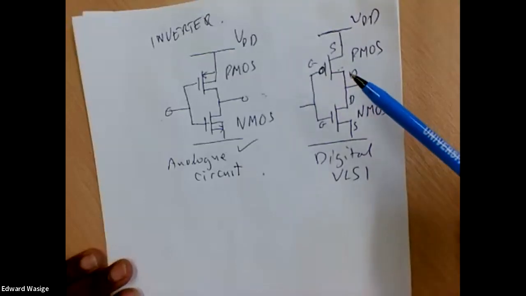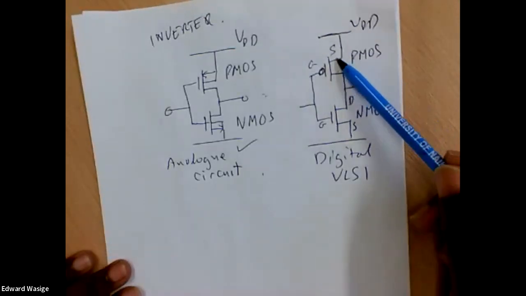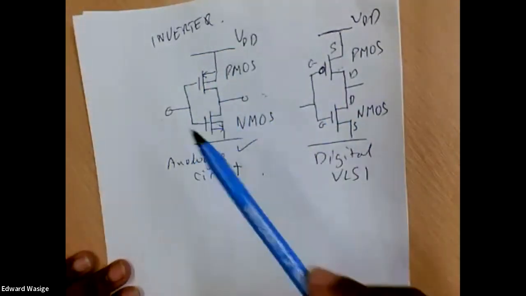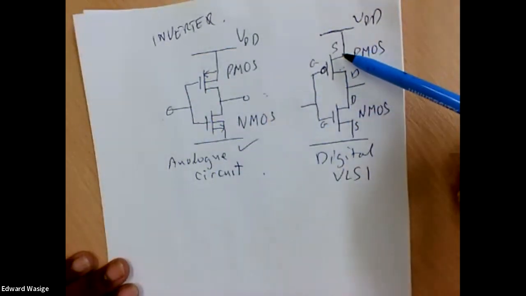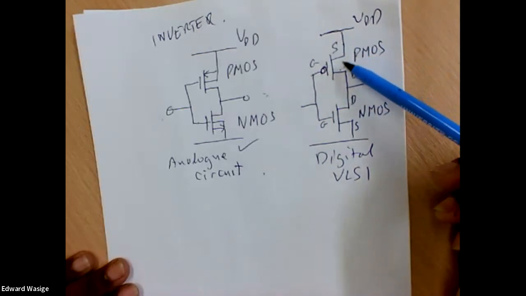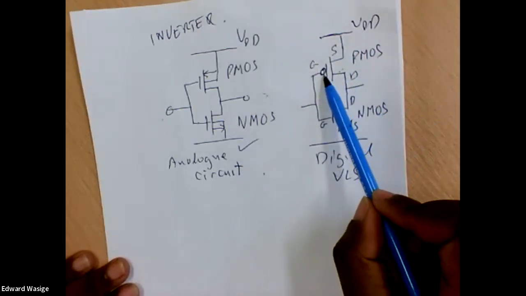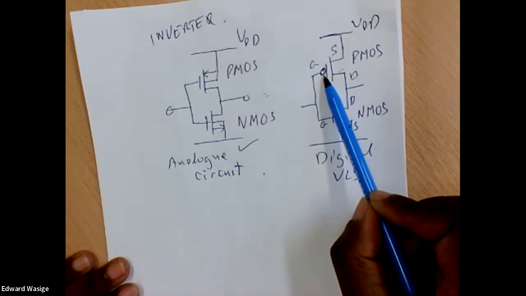In digital VLSI, this is in both textbooks, they don't give this much detail because it's digital VLSI, it's only ones and zeros. When we do amplifiers, it's a little bit more complicated than that. So in digital VLSI, the PMOS device, you know it by the little circle on the gate.